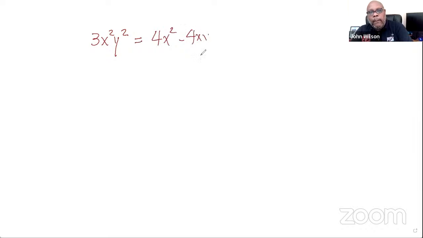All right, let's go through this one, and you can see why you weren't able to finish or what issues you had. So I'm gonna write it down first. 3x squared y squared is equal to 4x squared minus 4xy.